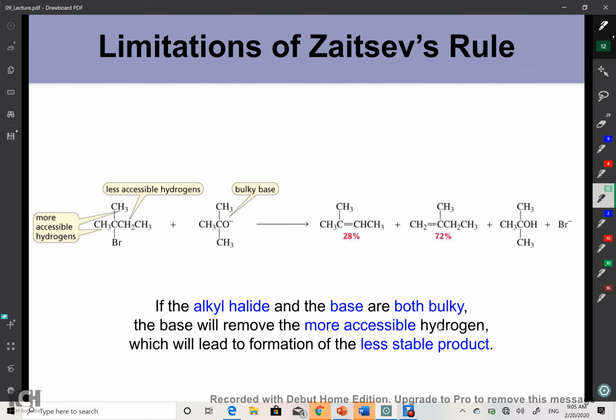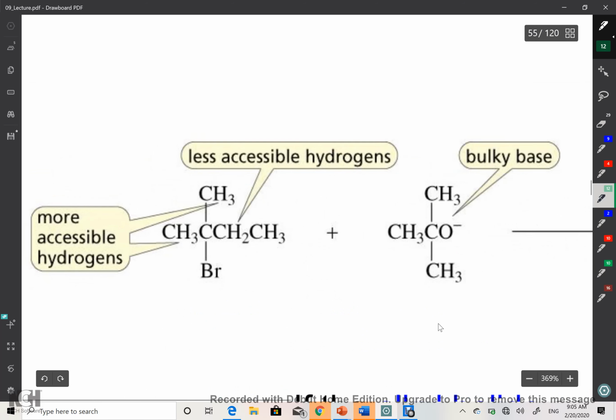Another limitation to the Zaitsev rule is the size of the base. If you have a bulky base, there will be a problem of accessibility. For example, let me zoom in. Here, this is our leaving group.